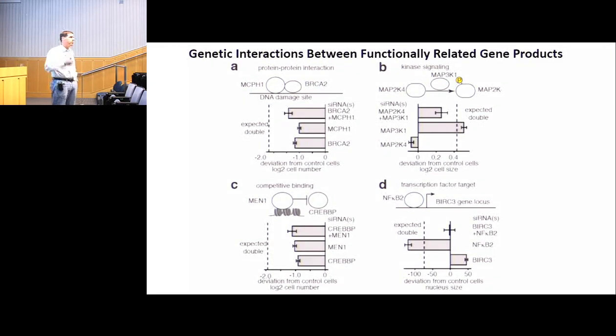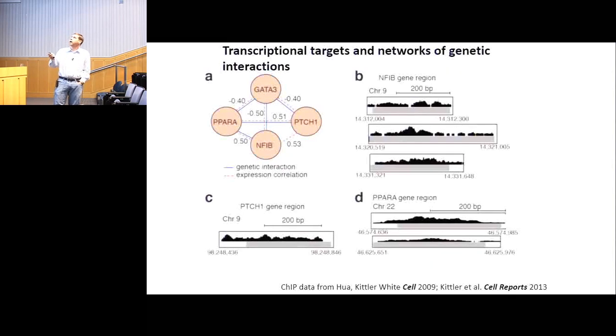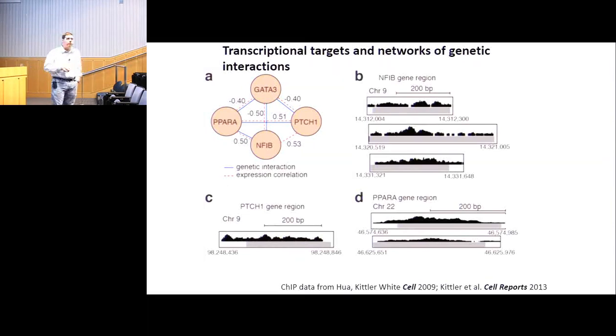I'll show you an example or two of little networks that we can build of transcription factors and their targets that are genetically interacting. This is one of them, where GATA3, for which we had previously published a paper showing its targets throughout the genome, is in an interaction network with these 3 genes, PPAR alpha, patch, and NF1B.